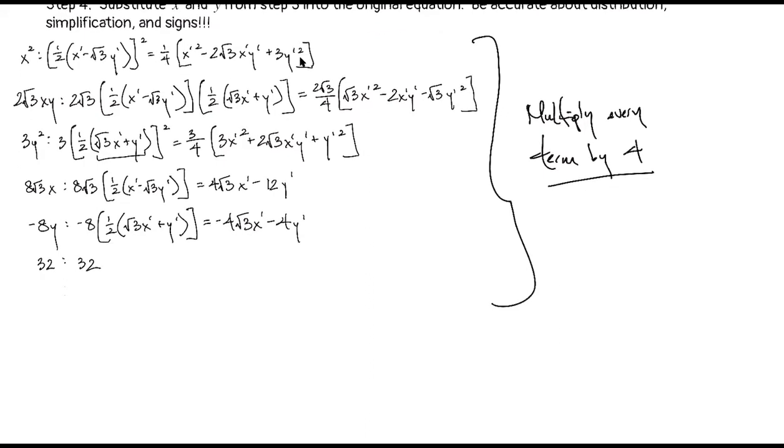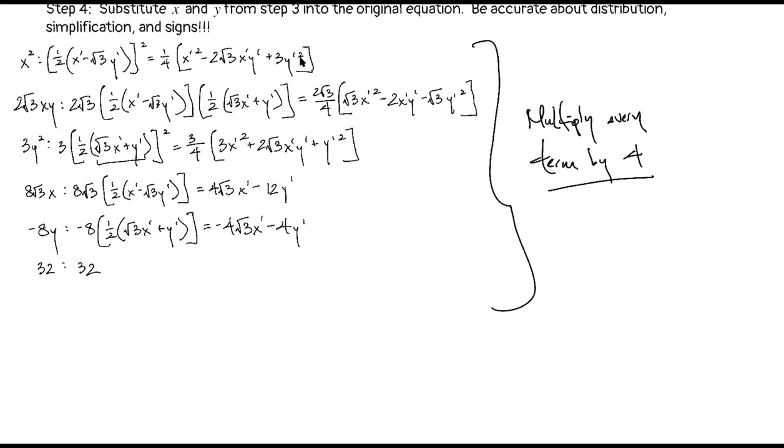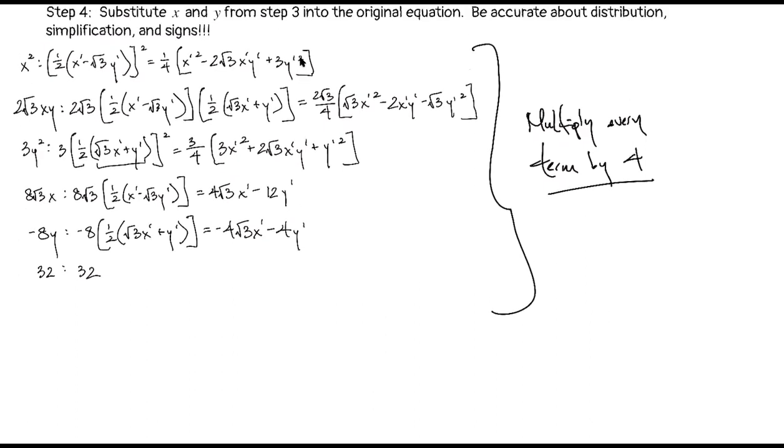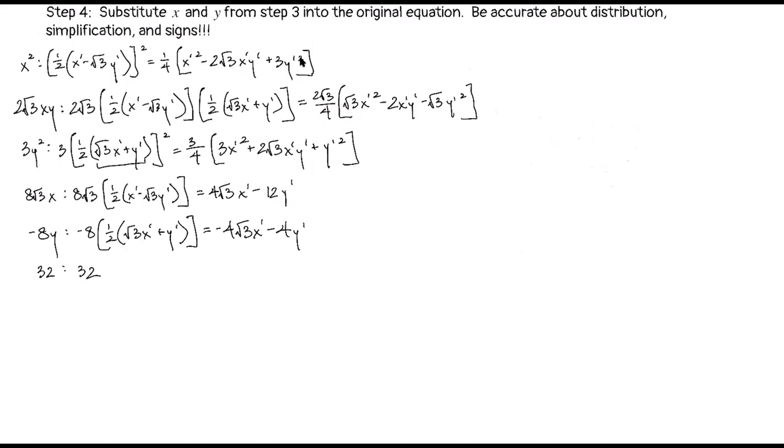So if I multiply every term by 4, let's see what happens. What does our equation become, okay? So let's start with the x squared one first. And this is going to give us x prime minus 2 root 3 x prime y prime plus 3y prime squared.